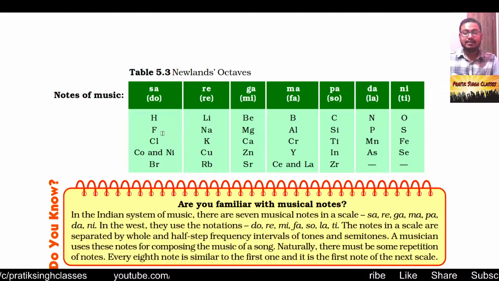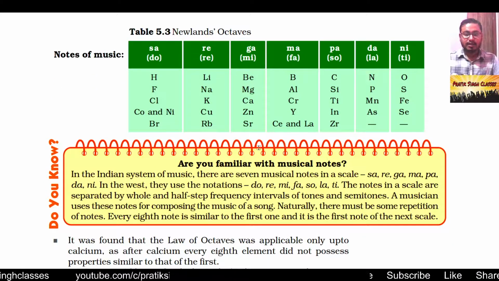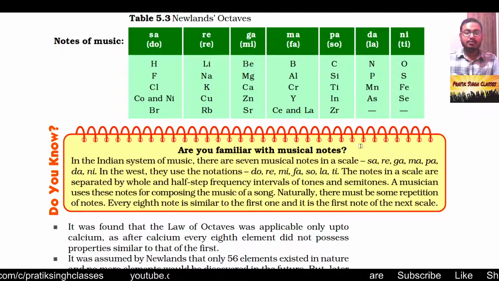As you can see, fluorine is the 8th element after hydrogen, so the properties of fluorine must be similar to that of hydrogen. Likewise, calcium is the 8th element after magnesium, so the properties of calcium and magnesium resemble each other, meaning they are similar in some way. Zirconium and indium are the 8th elements from each other, so their properties must be the same.